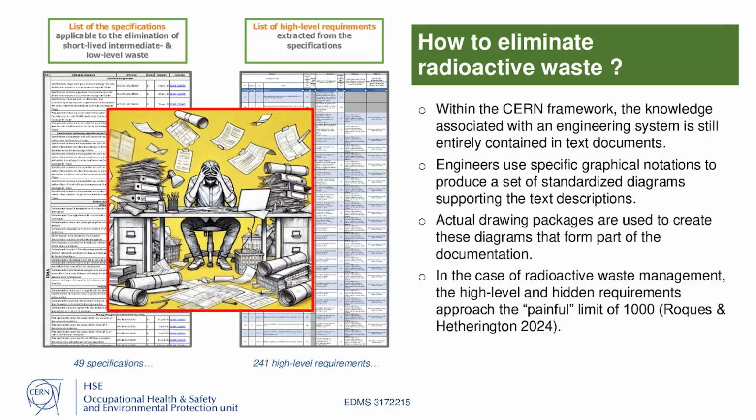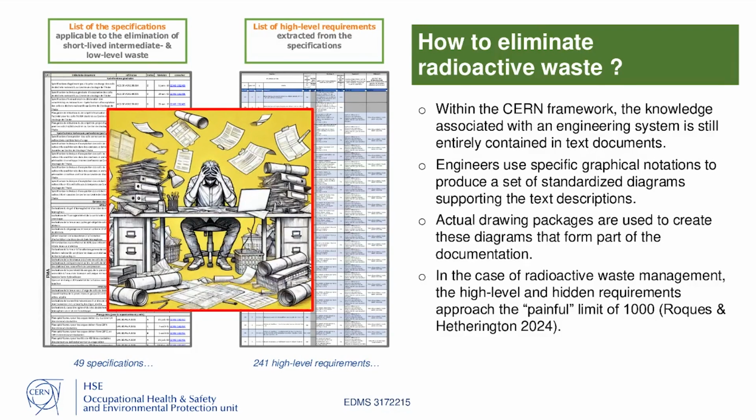And high-level requirements means that you can ask for a derogation, but then you open a Pandora box with many new requirements popping up to prove that your activities are still safe and compliant with the rules and regulations.